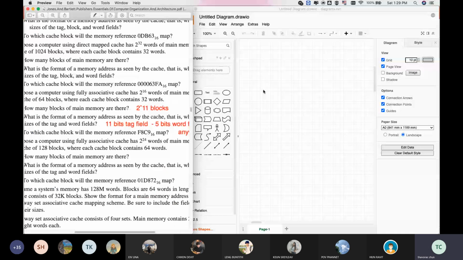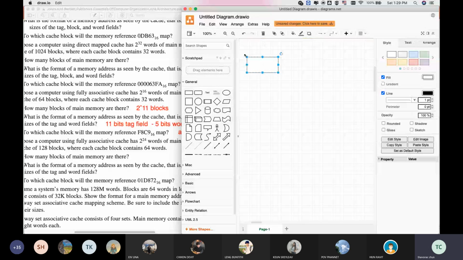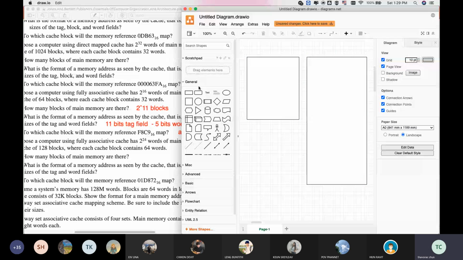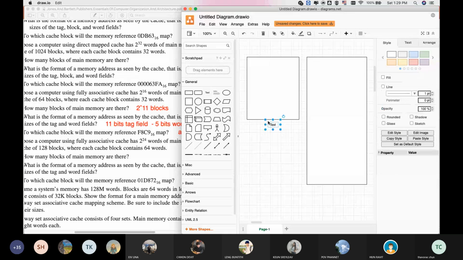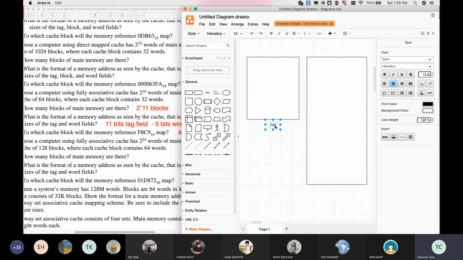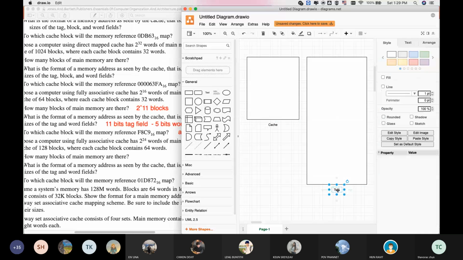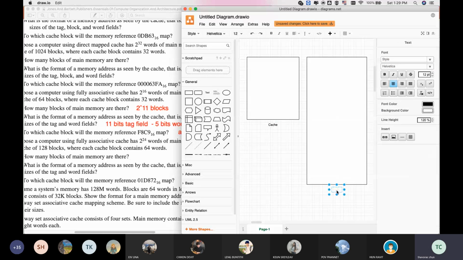So let's just draw some cache and some main memory. Normally cache is smaller than memory, so we make some here: here's cache and this one is main memory.